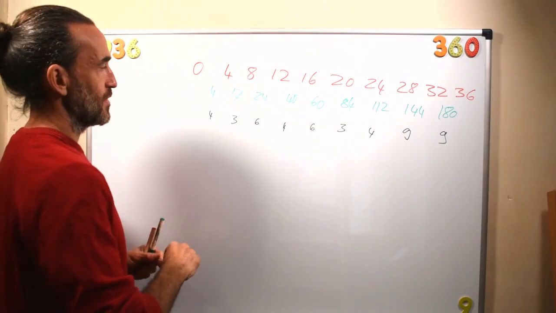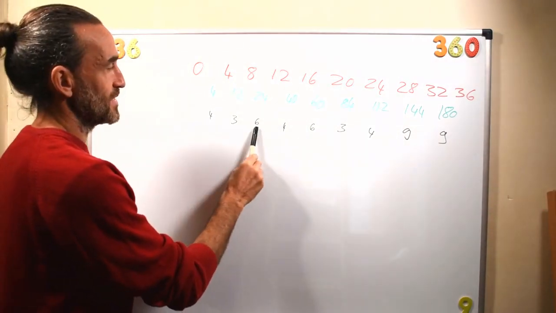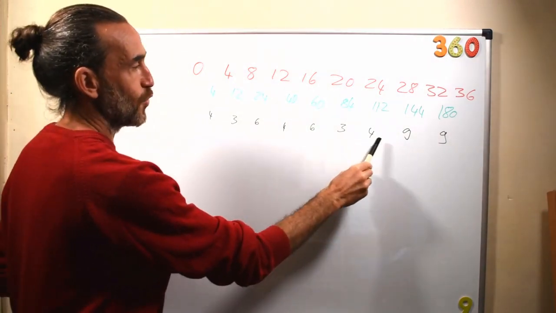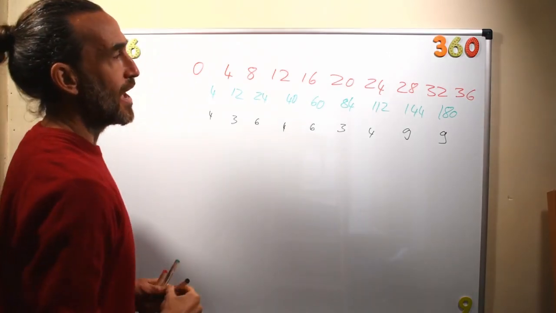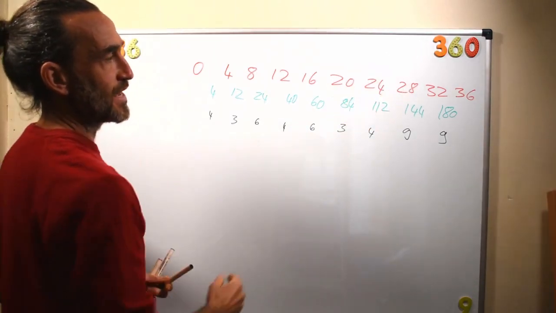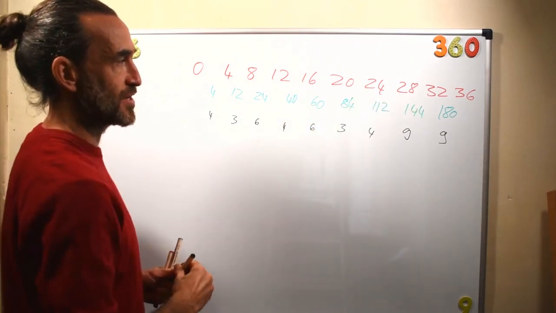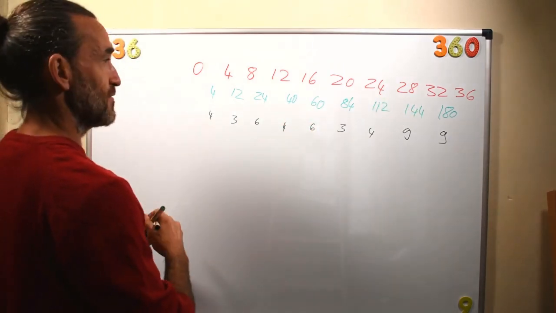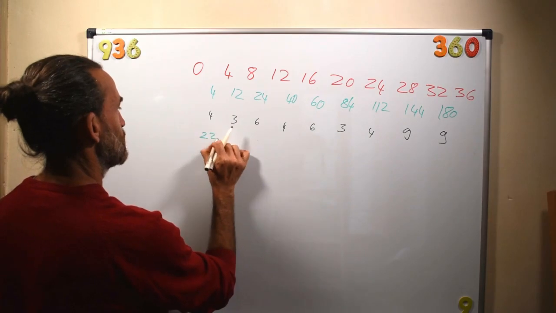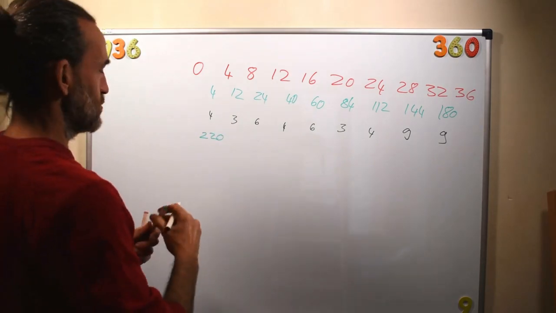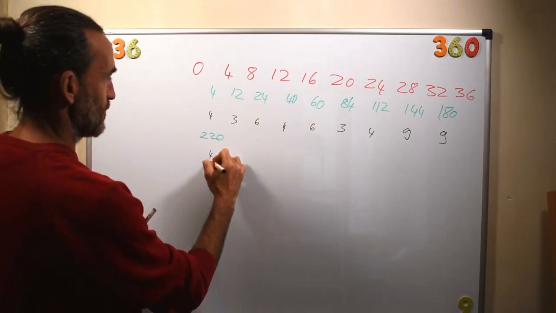So there we get the pattern. 4, 3, 6, 4, 6, 3, 4, 9, 9. And if we were to add on, the next number in the sequence would be 40. If we were to add 40 to 180, that would give us 220. 220 root number is 4.